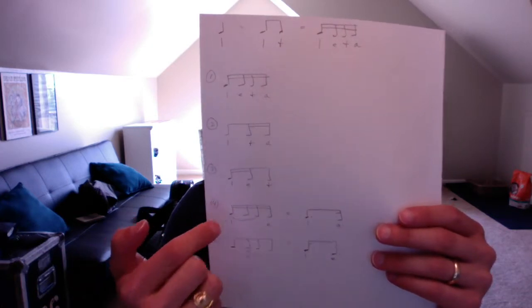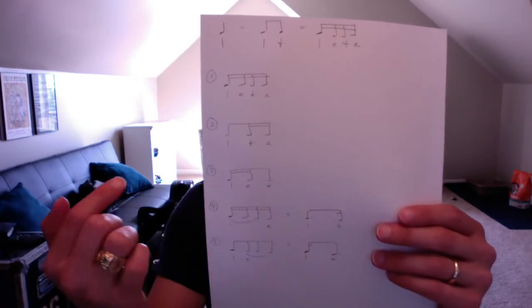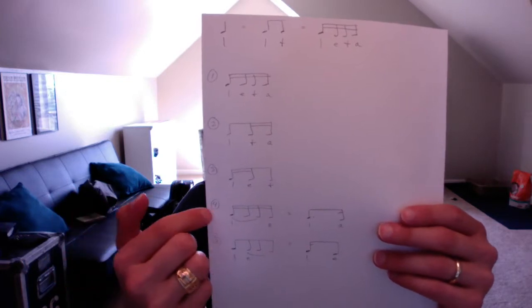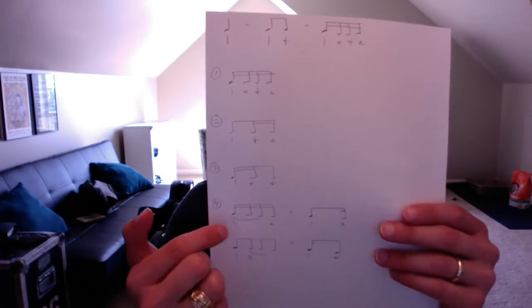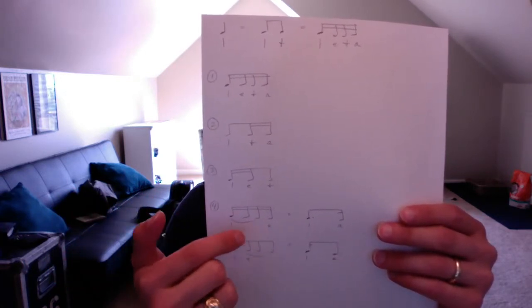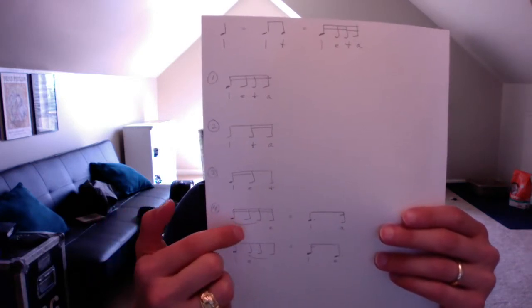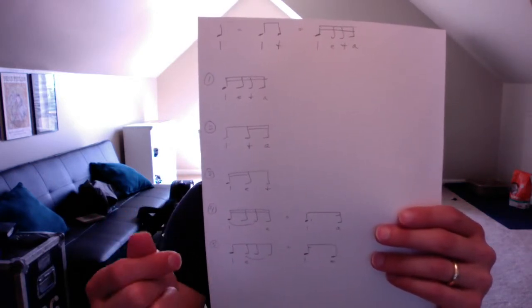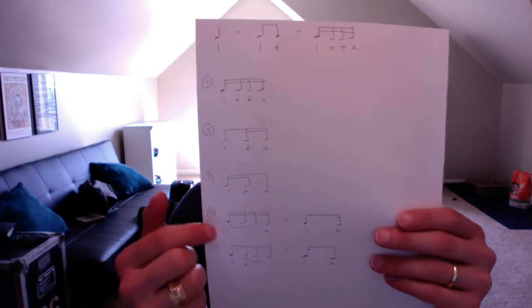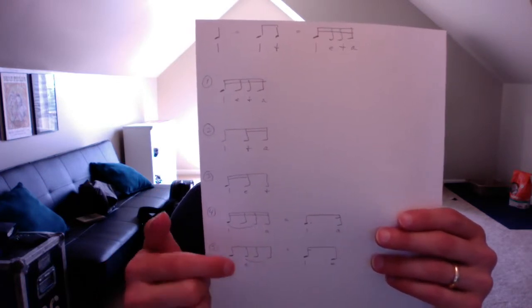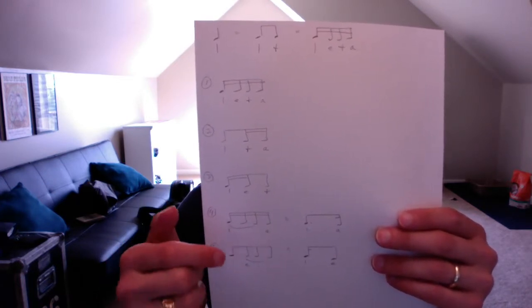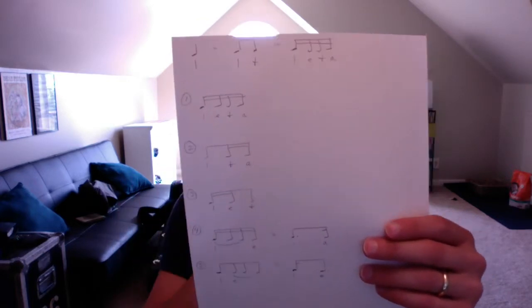So we play on 1, and we play on the a. 1 2 3 4, 1 2 3 4. That's the same as playing a shuffle. Long, short, long, short, long, short, long, short. 1 2 3 4, 1 2 3 4. That's that.